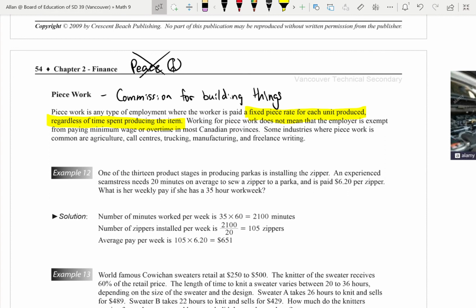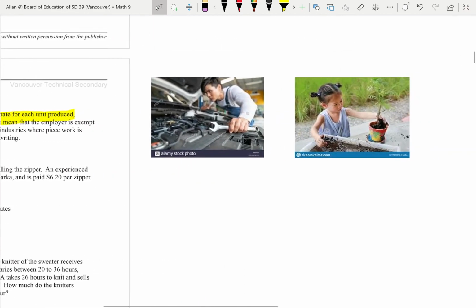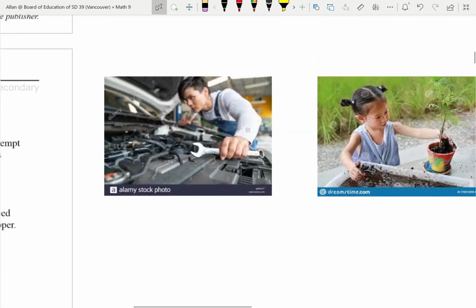Doesn't have to be building things, but it's usually accomplishing some sort of job. A good example: if you're a mechanic, you charge someone a certain amount to change your oil. It doesn't matter how long the mechanic takes to change your oil.